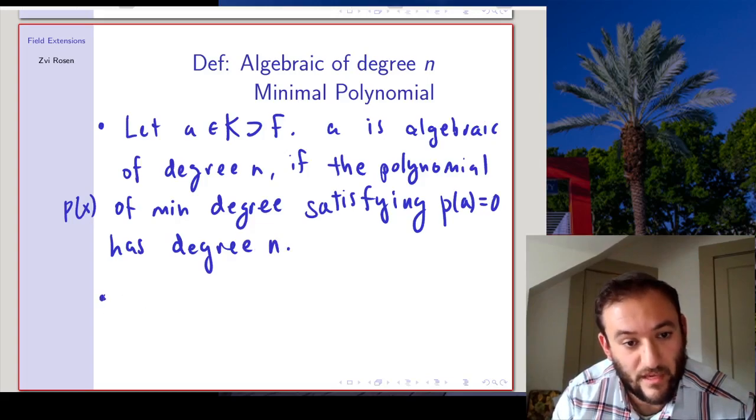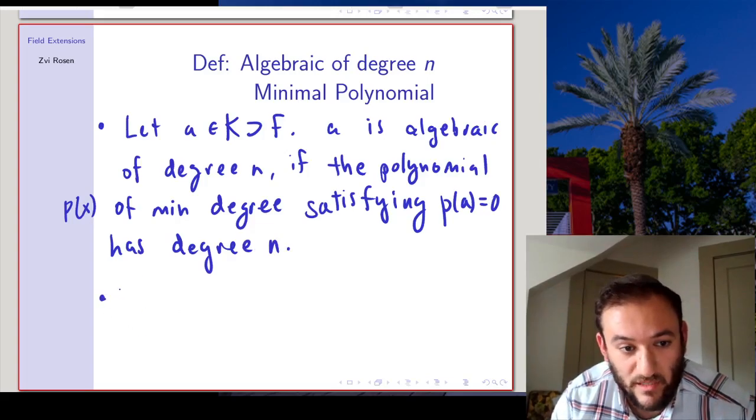Okay. And the minimal polynomial is exactly that P of x.